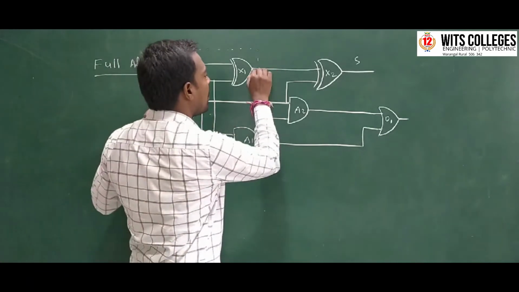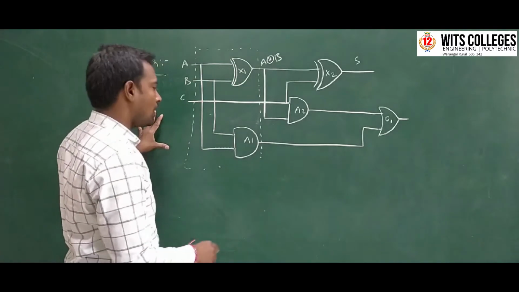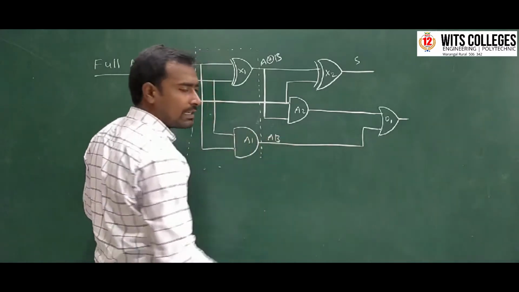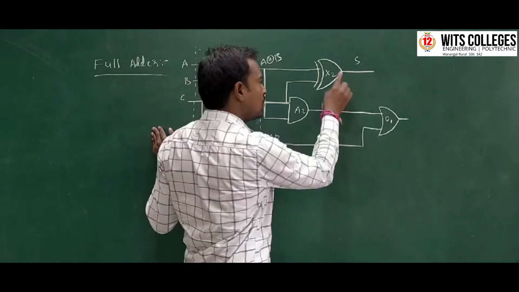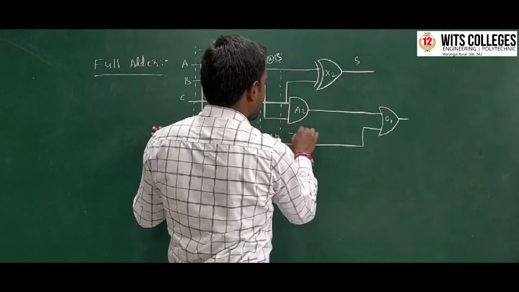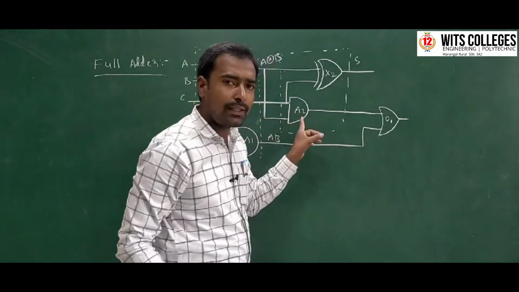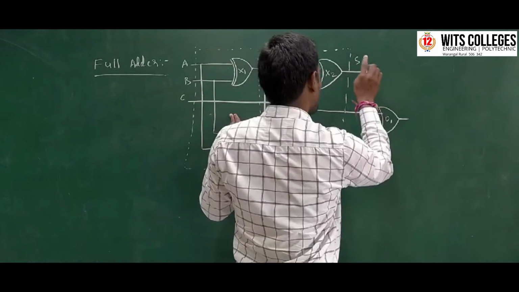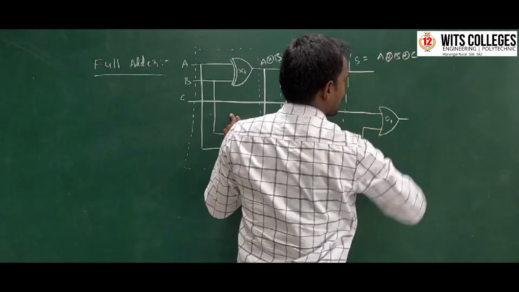This gives the output of A exclusive OR B, and AND gate 1 gives the output of A into B. Here I am using another half adder circuit with exclusive OR gate 2, and another AND gate, that is AND gate 2. So the sum output is equal to A exclusive OR B exclusive OR C.